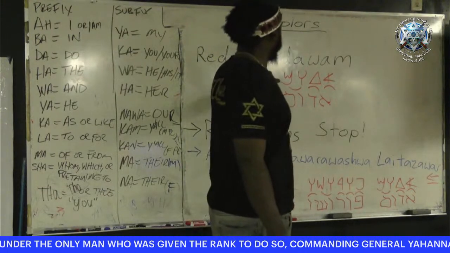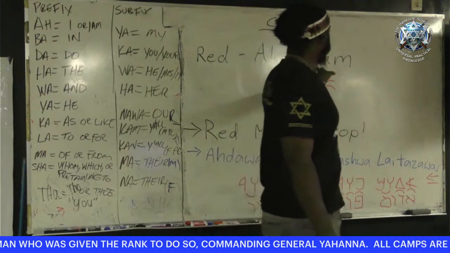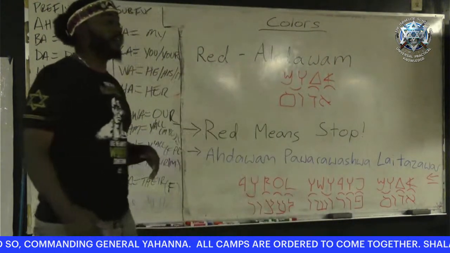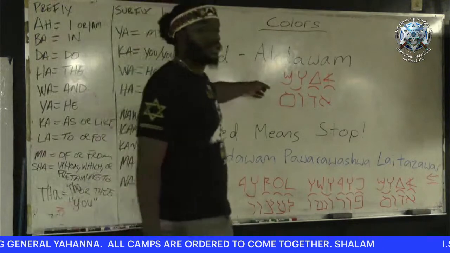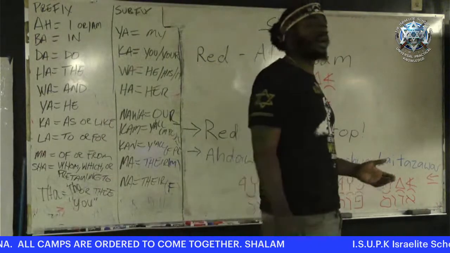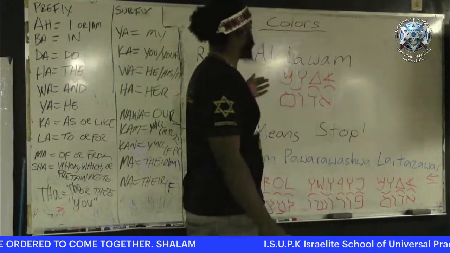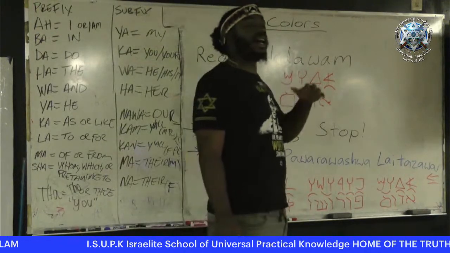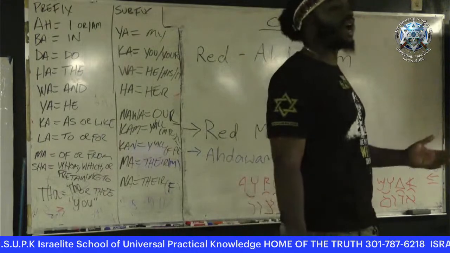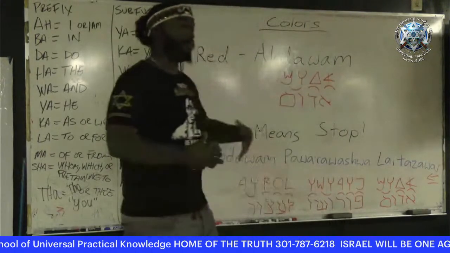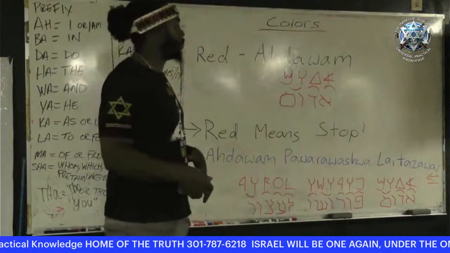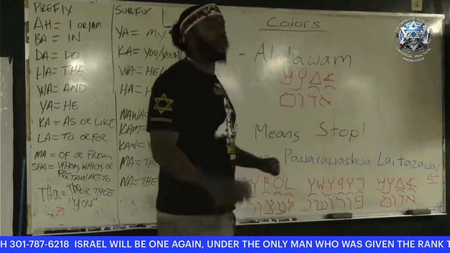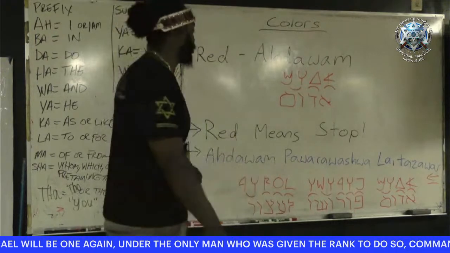One of them is Adon, which is the root word for Adawan, which is Lord. So one of the titles for the Lord is Adonai, which means my Lord. All right, awesome job, Yabakan.